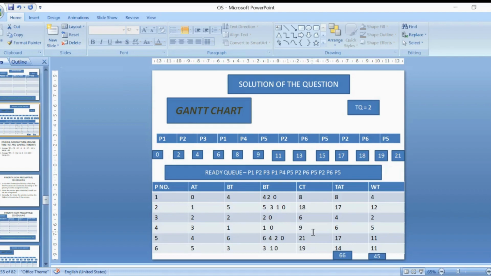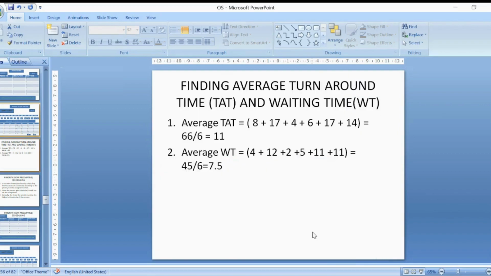For process 3, 4 minus 2, that is 2. For process 4, 6 minus 1, that is 5. For process 5, 17 minus 6, that is 11. For process 6, 14 minus 3, that is 11. So the total waiting time is 45.